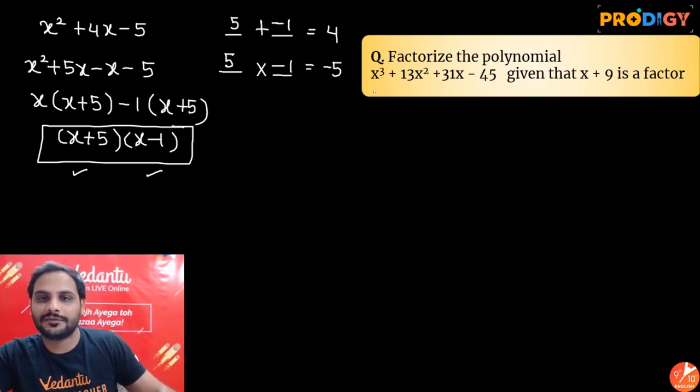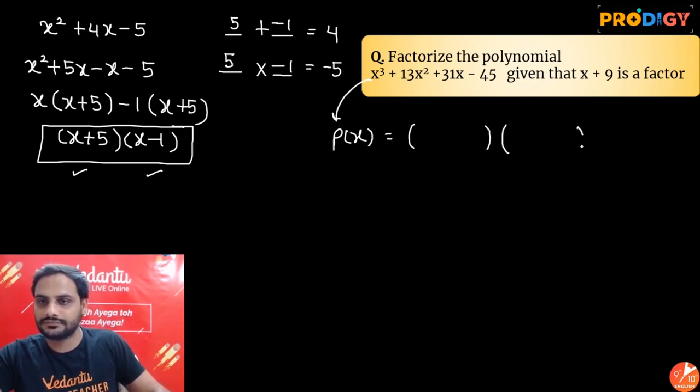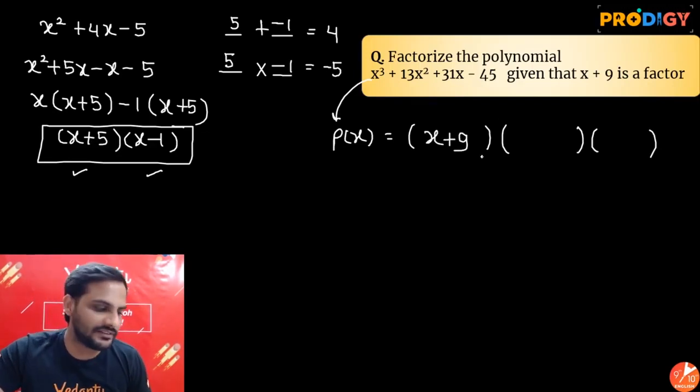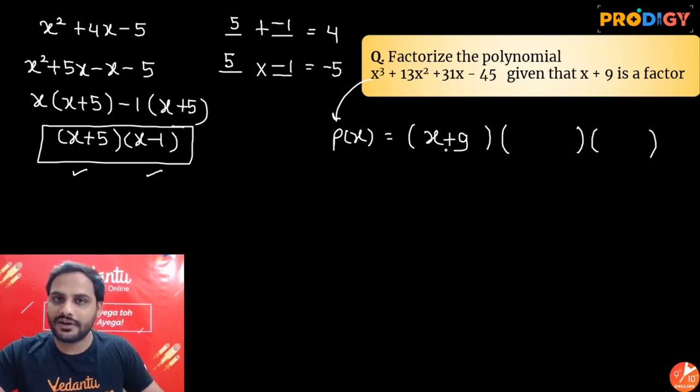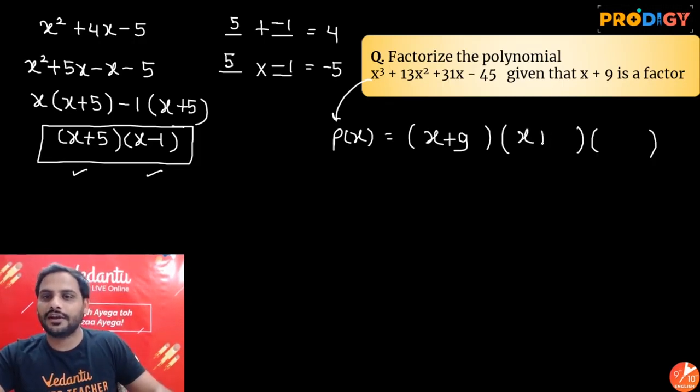That means this polynomial p(x), it is a cubic polynomial, so it must have three zeros and three factors. Out of three factors, one was already given. The remaining two we have got as x plus 5 into x minus 1.